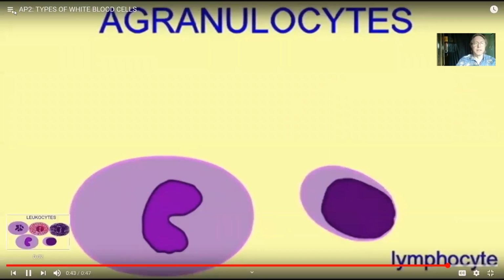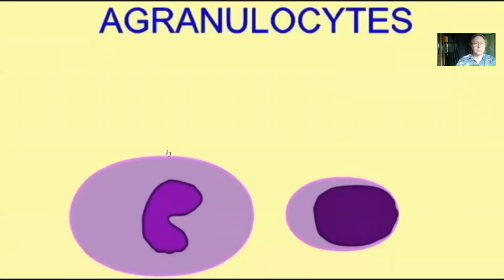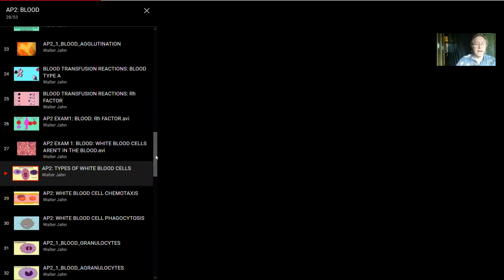So the first thing that we tend to do is stain them and distinguish between the 3 granulocytes and the 2 agranulocytes.